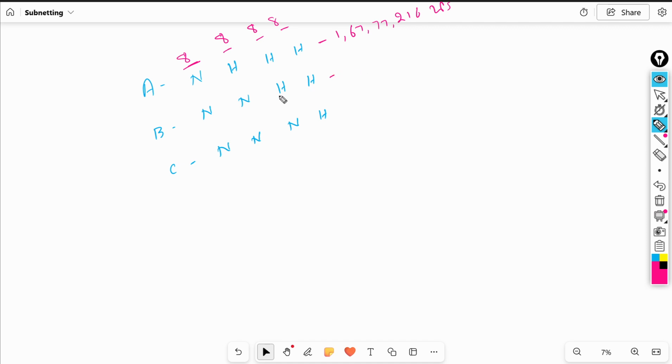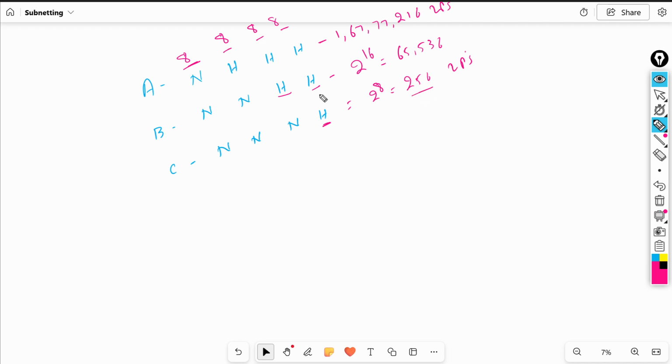In class B, 8 plus 8, 16, right? 16 host bits are there. So 2 to the power of 16 equals 65,536. In class C, we have only 8 host bits. So 2 to the power of 8 equals 256 IPs. Class C network provides only 256 IPs.